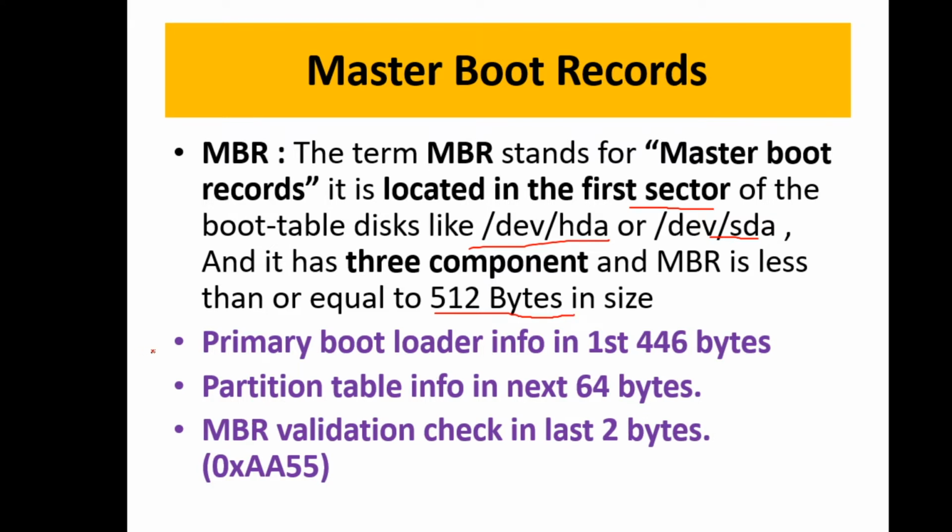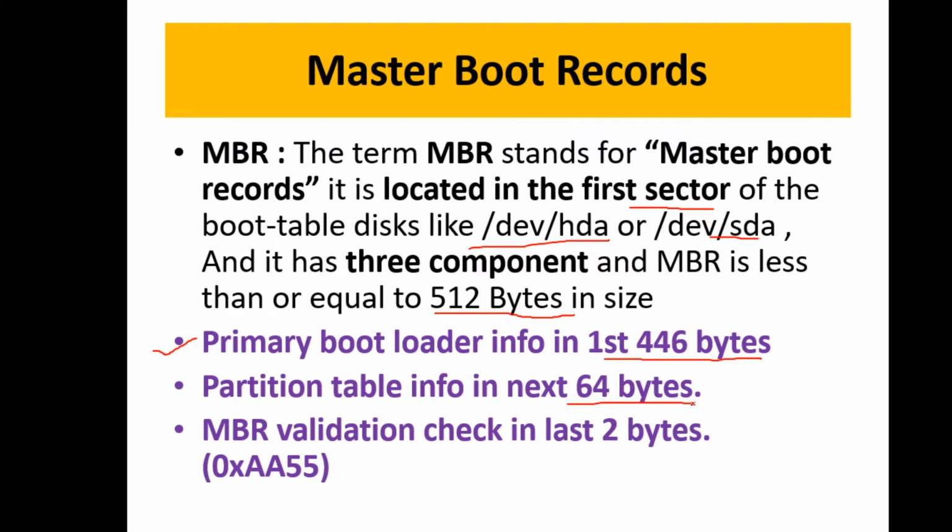So how is this partitioned into 3 parts? First, the primary bootloader information will be kept in the first 446 bytes. The partition table information will be kept in the next 64 bytes. So altogether 510 bytes are used.